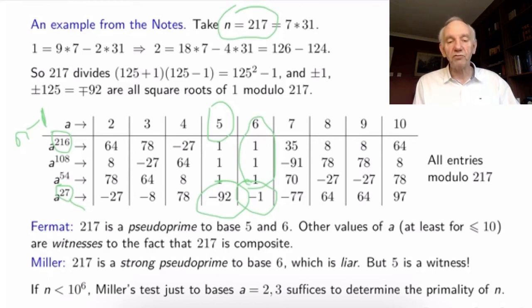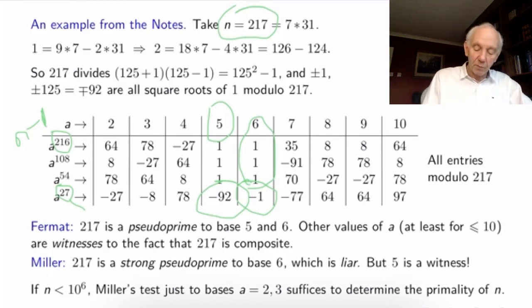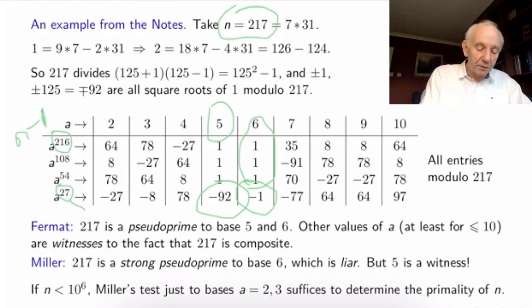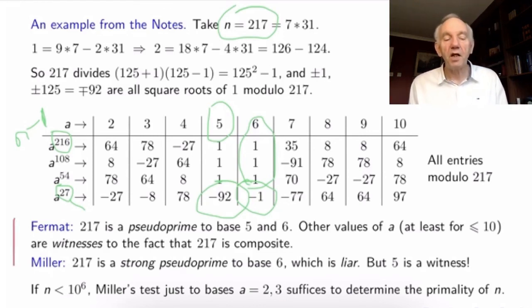Anyway, just to repeat what I said before, there's some fancy language here. Namely, we have really 2 tests. We started with Fermat's little theorem, and we asked ourselves, is a to the n-1 congruent to 1 mod n? And if it is, that number n is called a pseudo-prime to the base you're talking about.